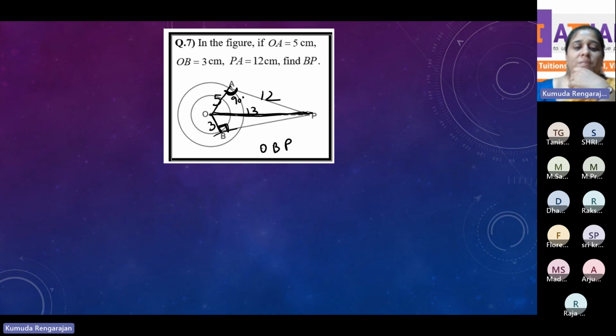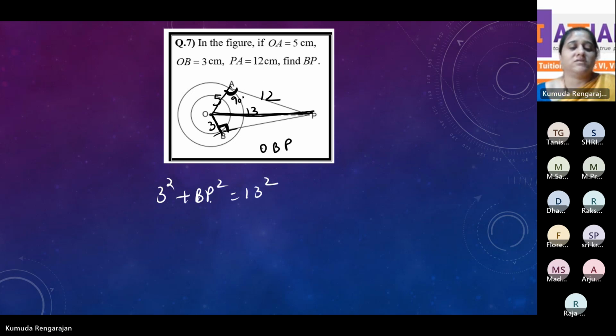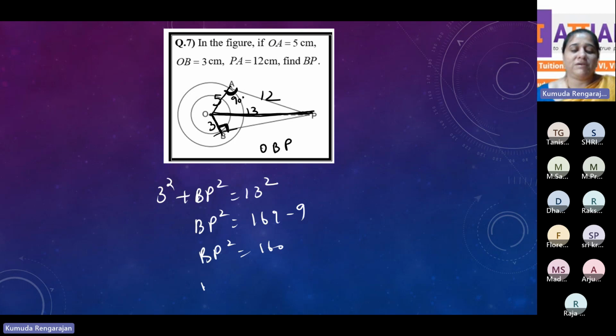So what is BP by Pythagoras theorem? 3 squared plus BP squared is equal to 13 squared. So BP squared is 169 minus 9, which is 160. BP is equal to the square root of 160.